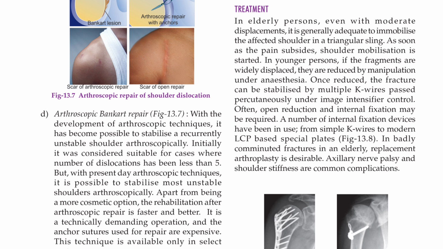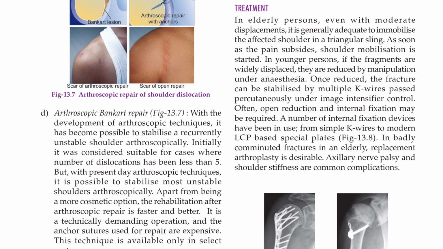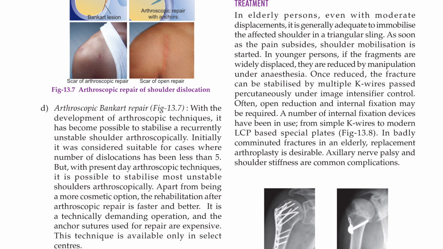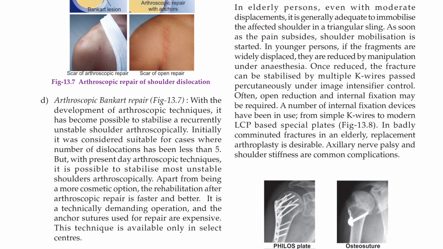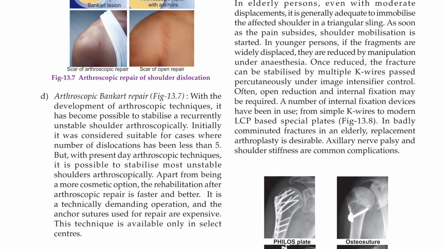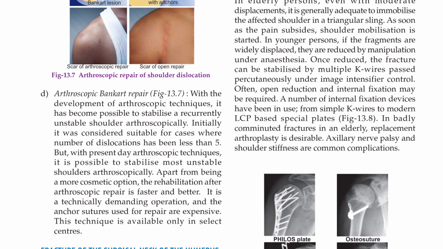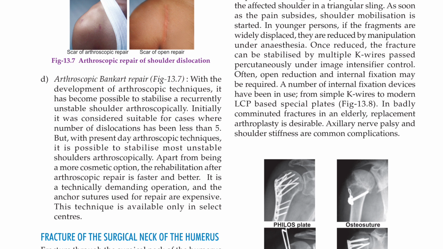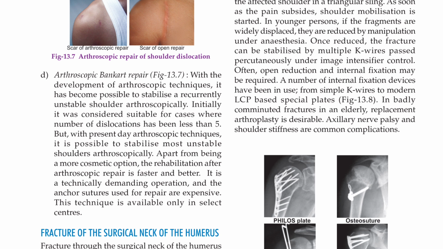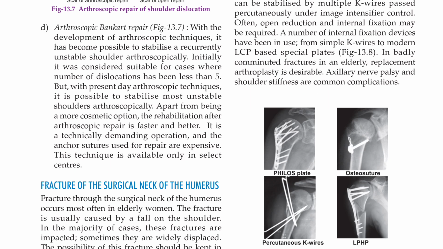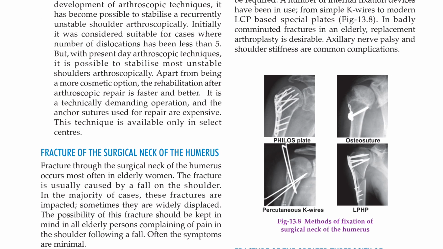Once reduced, the fracture can be stabilized by multiple K-wire passed percutaneously under image intensifier control. Often open reduction and internal fixation may be required. A number of internal fixation devices have been used, from simple K-wire to modern LCP-based special plate. In badly comminuted fracture in an elderly, replacement arthroplasty is desirable. Axillary nerve palsy and shoulder stiffness are common complications.